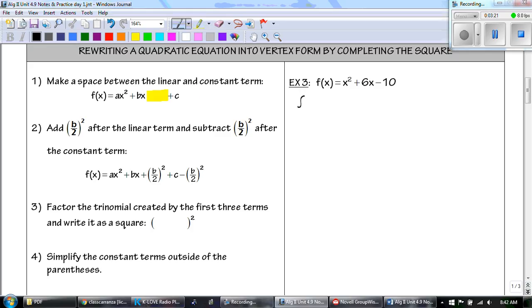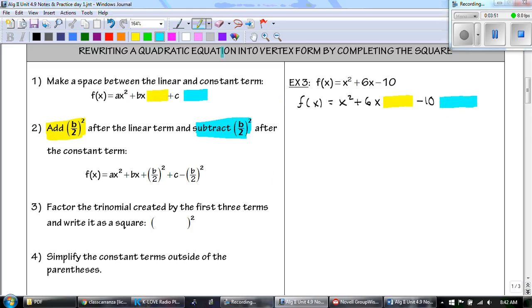We're going to say that f of x equals x squared plus 6x, and then I've got my little space, minus 10. So in that little space, I'm going to add to the front, and technically there's a space back here, and subtract it from the back.